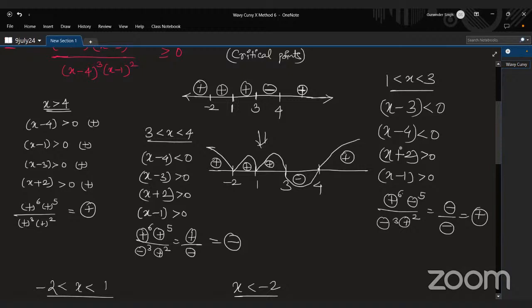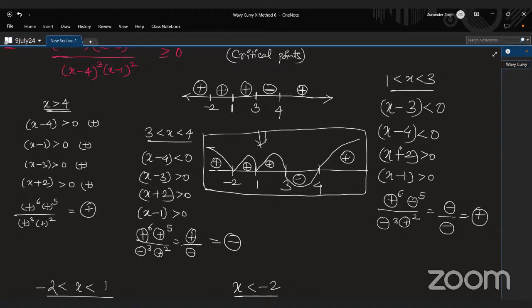This is why we call it the wavy curvy method. This is our final result. We draw a freehand curve like this to show if the function is positive or negative in this range. Wavy curvy method.